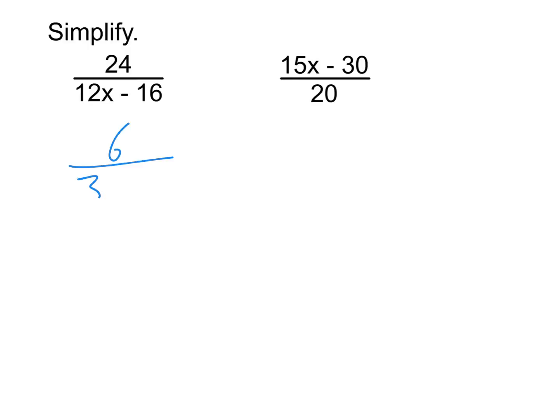It's going to be 3x. If there's an x in the original, you're going to have an x in the result. Then it's minus. Notice the minus from the original carries through exactly as it was. And then the 16 divided by 4, that's going to be 4. So we got 6 over 3x minus 4. Now, having done that, before I call this one done, I want to take a look.